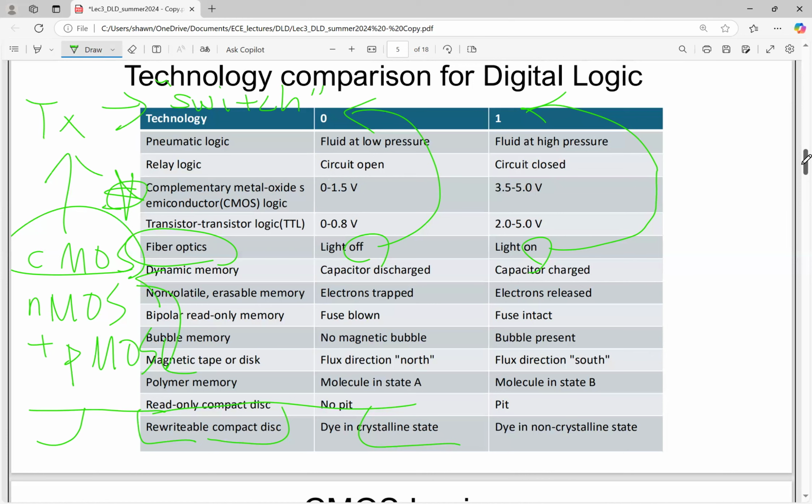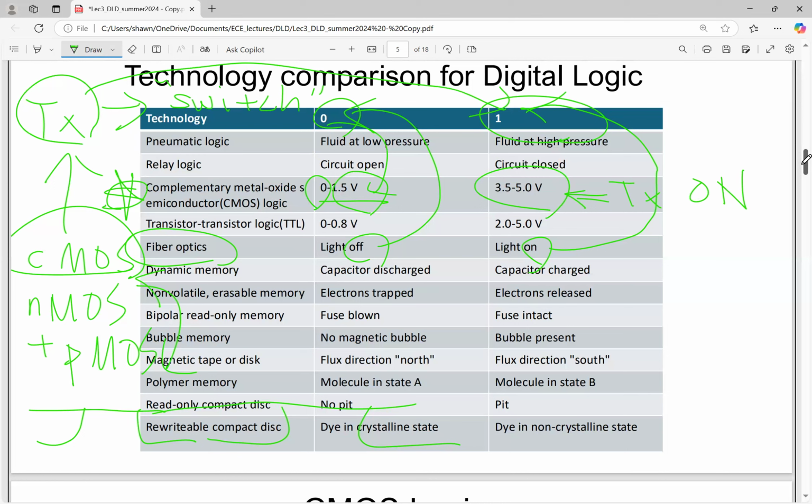To express logic value 0, we accommodate a very low voltage range, from 0 to 1.5 volts. However, to turn on the transistor to indicate logic value 1, we need a much higher voltage, which requires 5 volts at the highest.